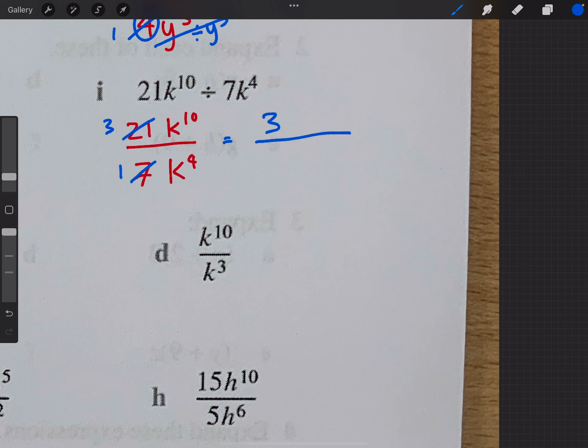Now the k's: k to the 10 divided by k to the 4 is equal to k to the 10 minus 4, which is k to the 6. So the answer is just 3k to the 6.